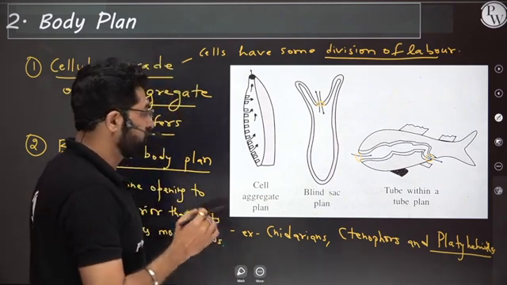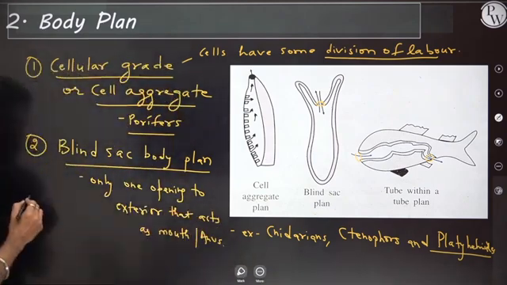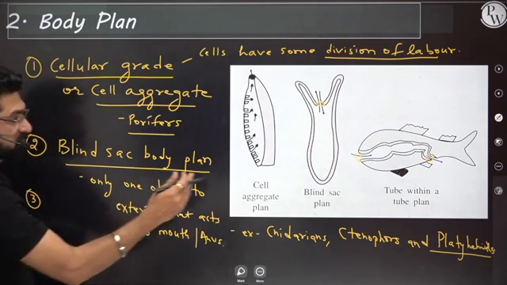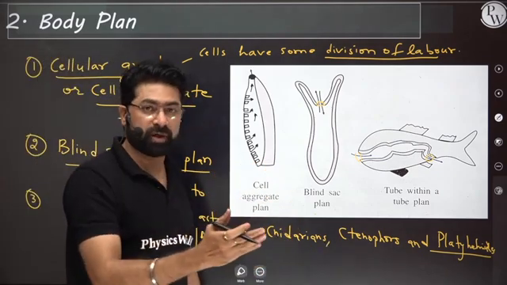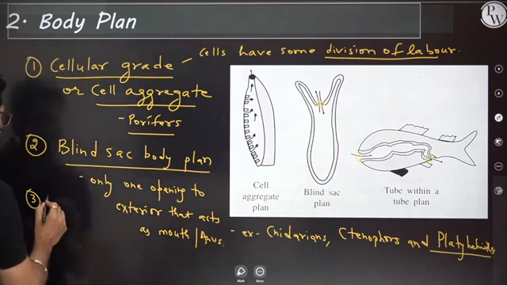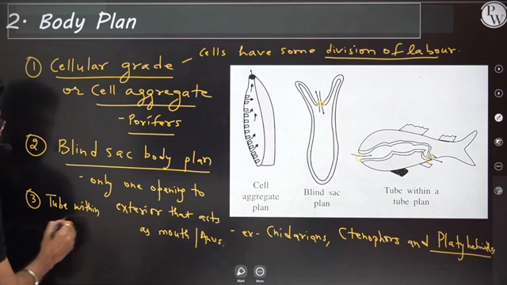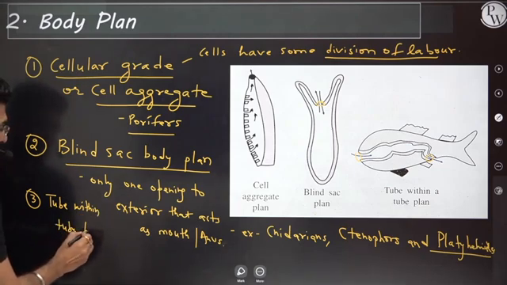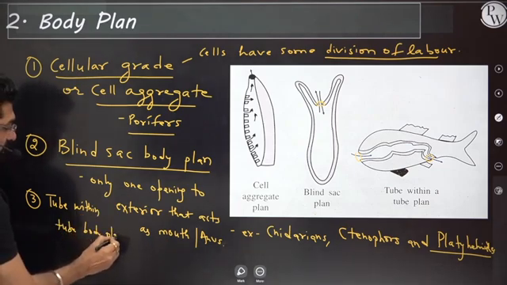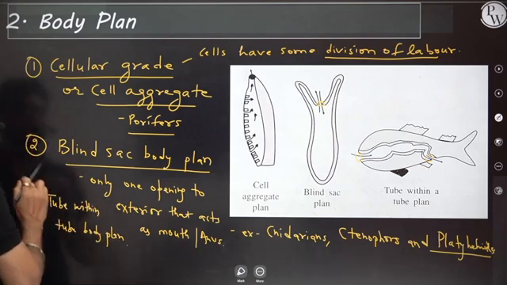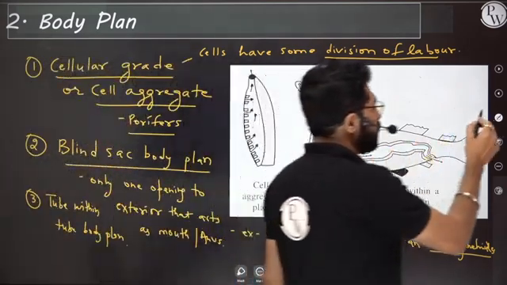Next comes the tube within tube body plan. So tube within tube body plan is present in all organisms starting from Aschelminthes onwards. So what is this? In this case, you can see separate openings.